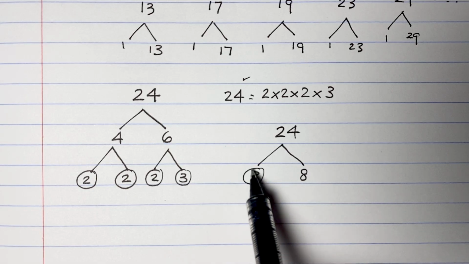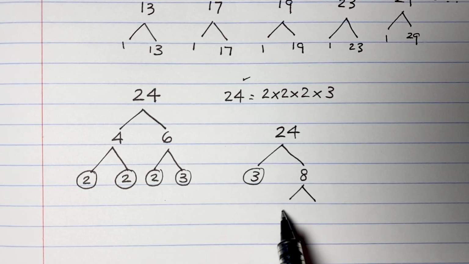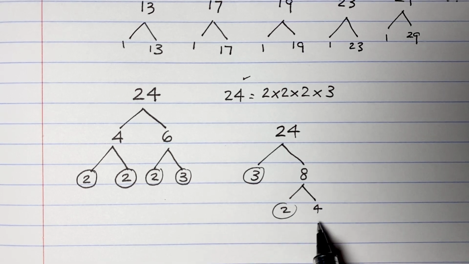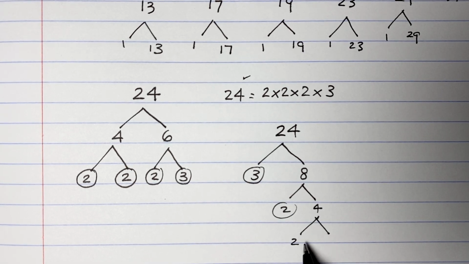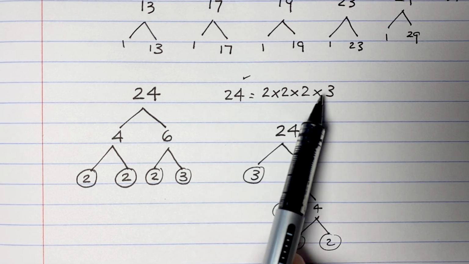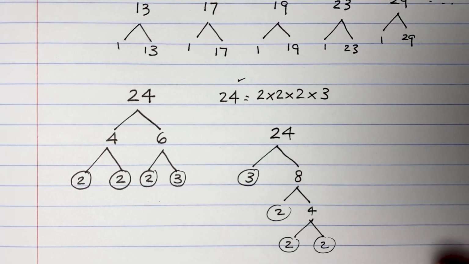But 3 is a prime number. And 8 can be written as 2 and 4. And 2 is a prime number. And then 4 can be written as 2 and 2. They're both prime numbers. So we have 2 times 2 times 2 times 3, same.